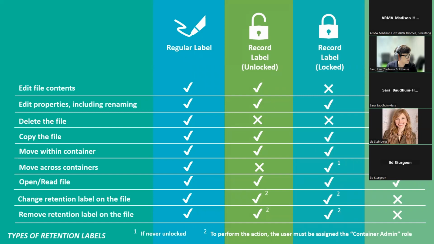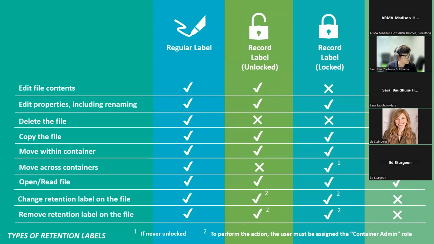So if they want to move it from one SharePoint site to another, they're not able to do so when a record label is unlocked. Now, when a record label is locked, users will not be able to edit the file content. However, they will be able to move across containers. So that's the key big difference between the unlocked state and the locked state of the record labels.